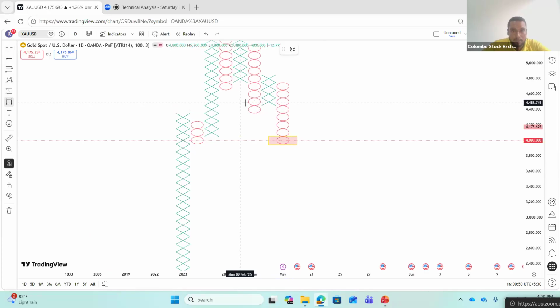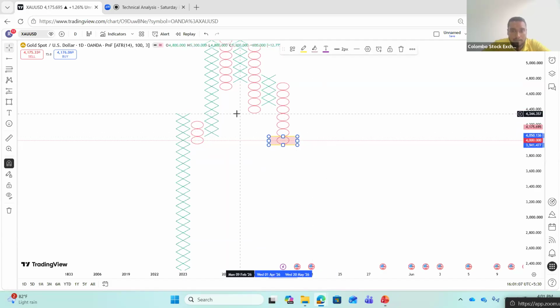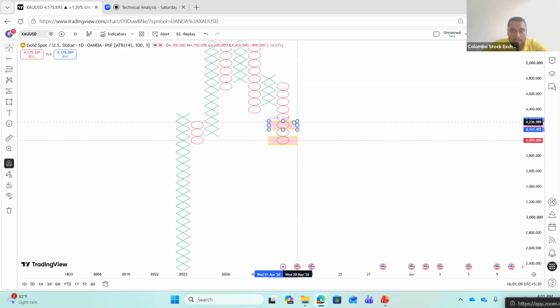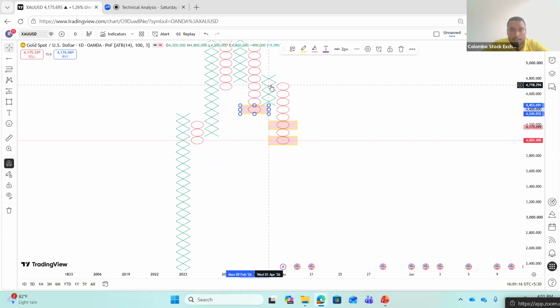This is also a box. And if you look at the price difference of that box, it is the same across all the boxes. I can't mark this box now. I'll just copy paste this. So these boxes are the same size, and in the boxes there can be X or O.